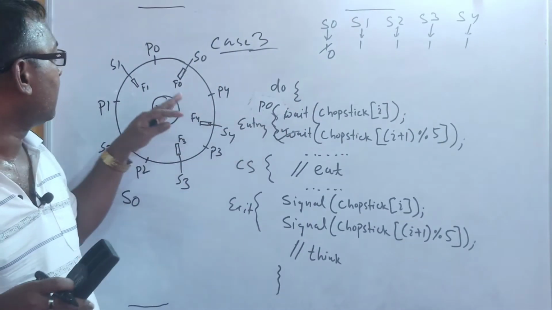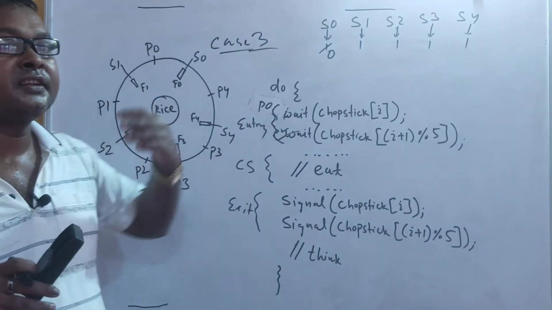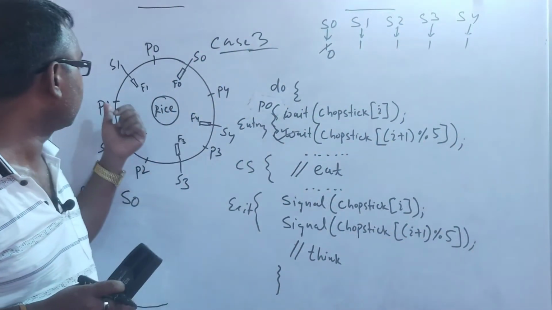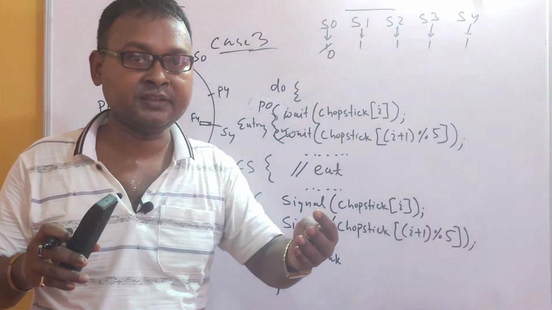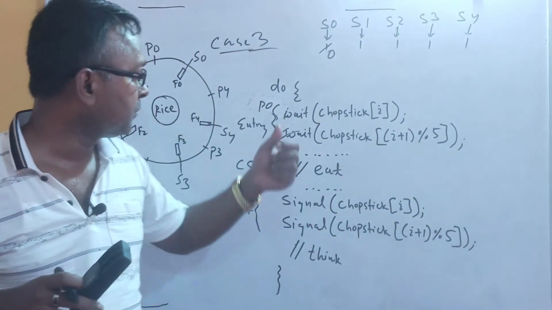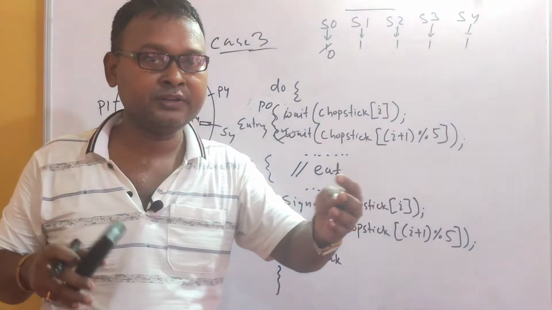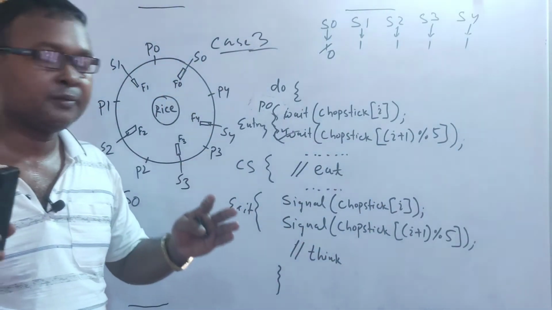For example, P1 wants to enter the resource, and P1 is a high priority philosopher. So P0 has to be preempted due to several reasons in your computer system.